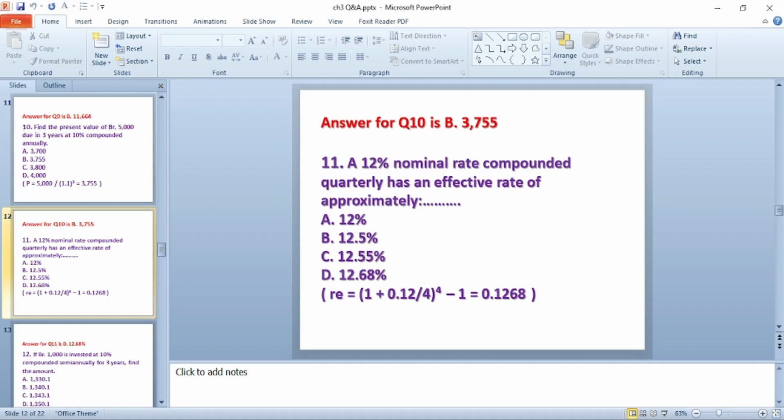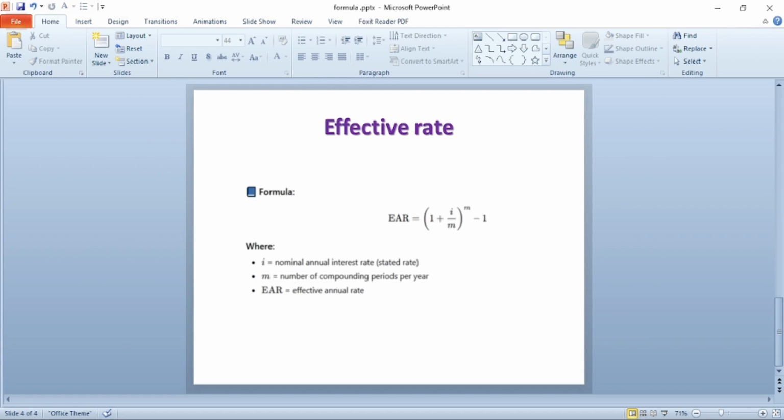Question number 11. A 12% nominal rate compounded quarterly has an effective rate of approximately dash. So here the effective rate is equal to, in parentheses, 1 plus nominal interest divided by m, the number of compounding periods per year, close the parenthesis, to the power of m, the number of compounding periods per year, minus 1.